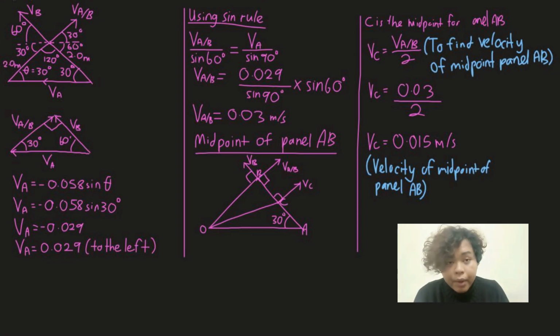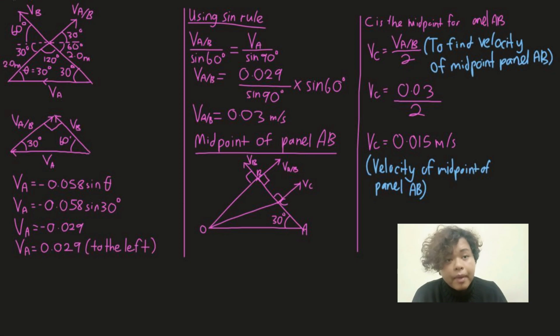So supposedly the angle OAB is 30 degree also. And then we have our VB at 90 degree and VAB also at 90 degree.